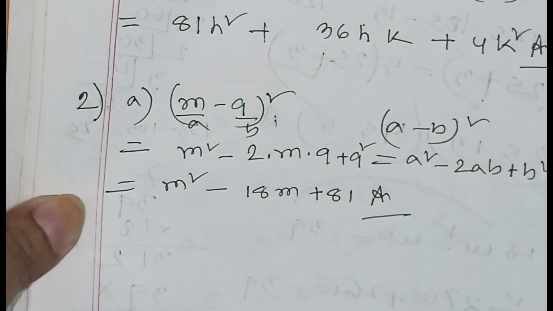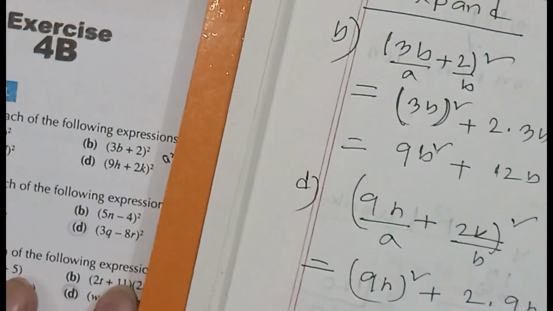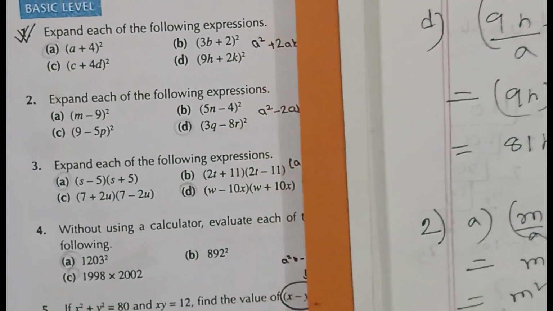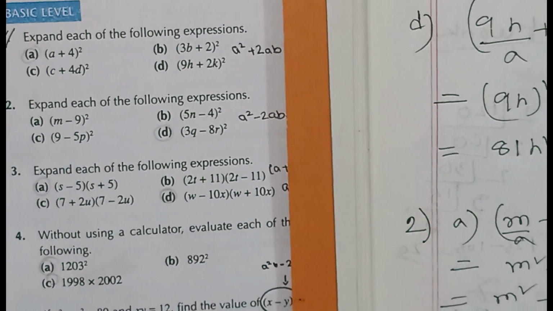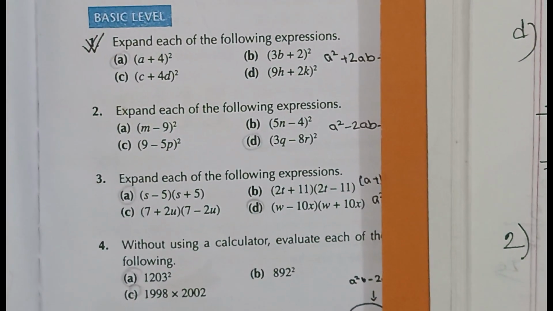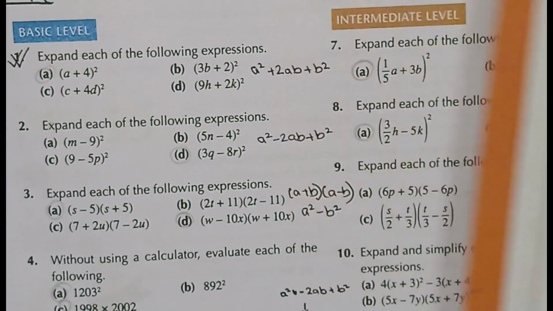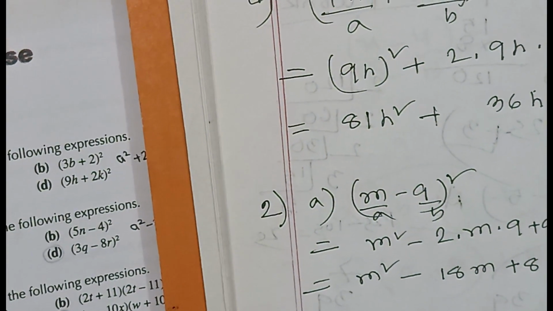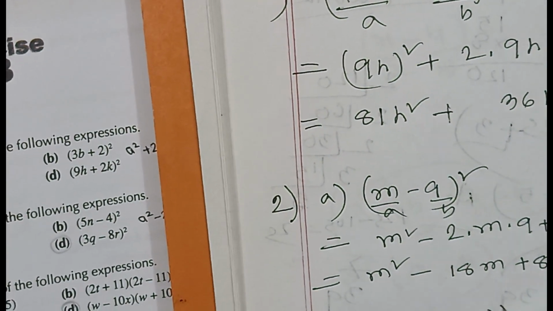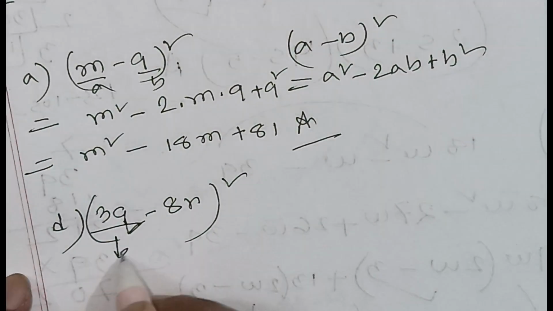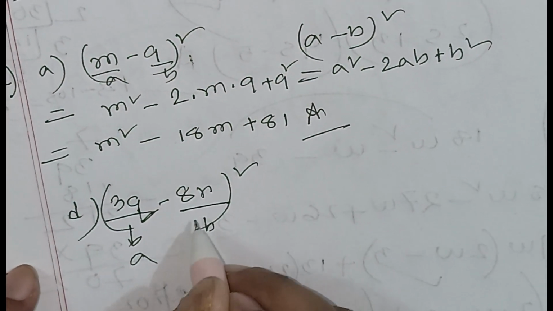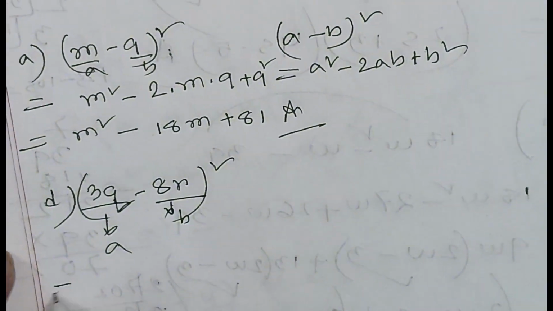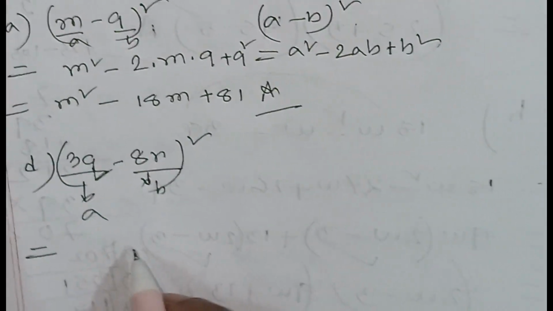So I will do D: (3Q minus 8R) whole squared. So here 3Q means A, 8R means B. Apply this formula, (A minus B) whole squared.